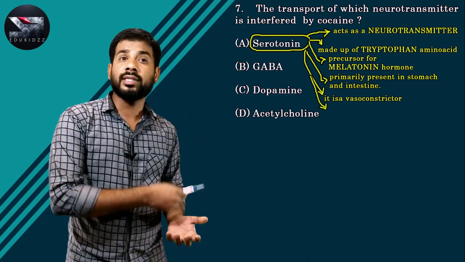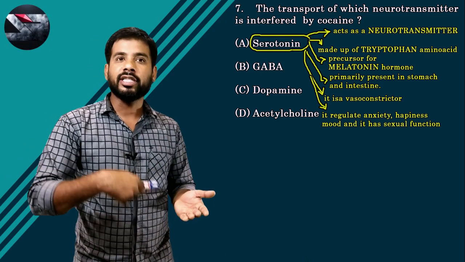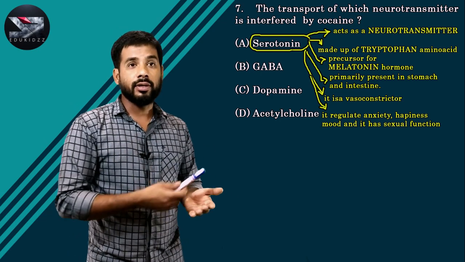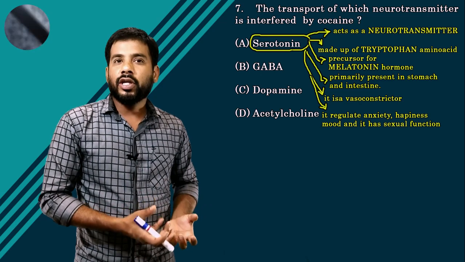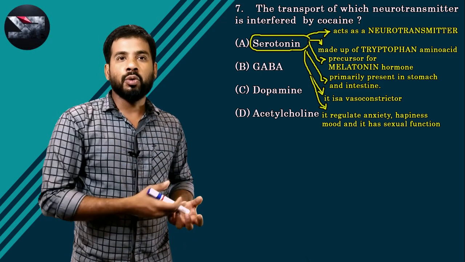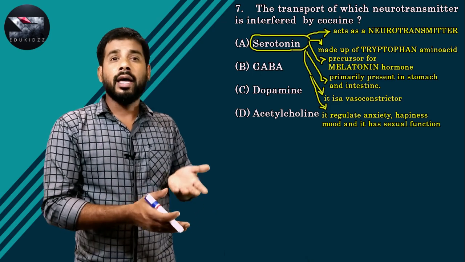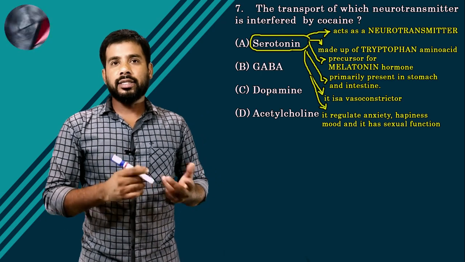Serotonin is also one of the important hormones which regulate our anxiety, happiness and mood, and it also has several sexual functions. For example, low levels of serotonin increase our libido, whereas if the serotonin neurotransmitter is at a high level, that decreases our libido. So this is about serotonin.